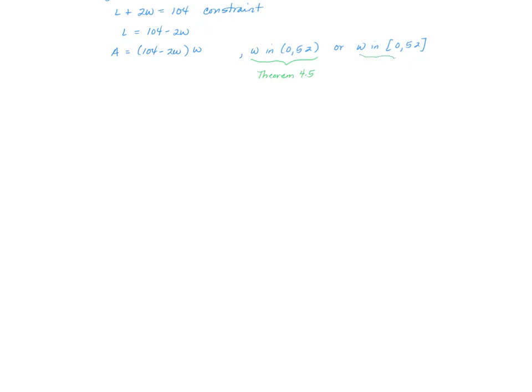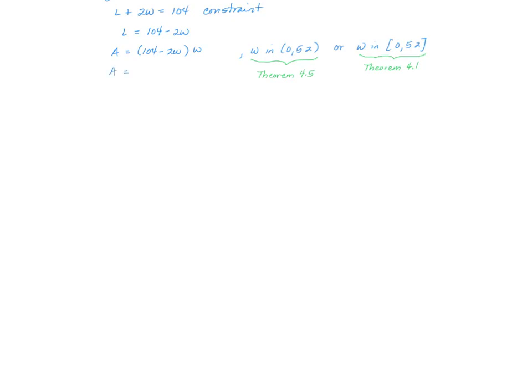If you have a closed interval, you're going to be using our very first theorem, theorem 4.1 from section 4.1, that said on any closed interval, you're guaranteed to have one absolute min and one absolute max. So I'll use both of them to verify min or max. But our next step is to go ahead and take the derivative.